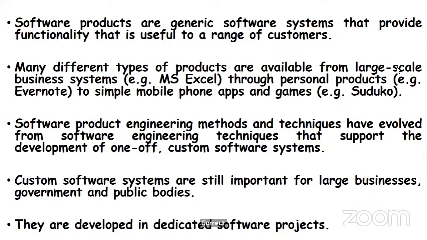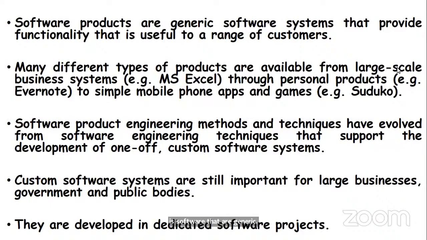Sorry for the interruption. Software products are generic software systems that provide functionality that is useful to a range of customers. So what we see as the end product of engineering is a software product that is generic, right?